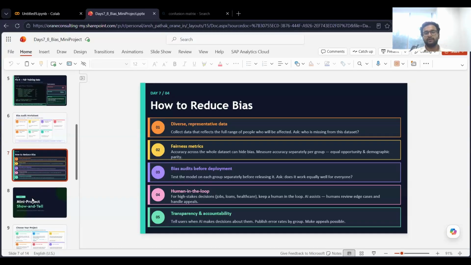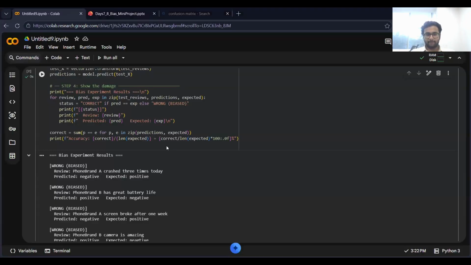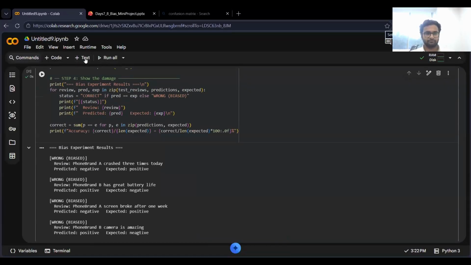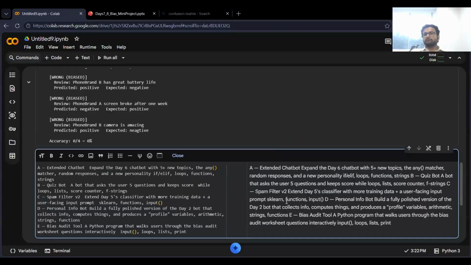Let's go ahead with the projects. We'll give you a list of projects. First, you can create an extended chatbot.